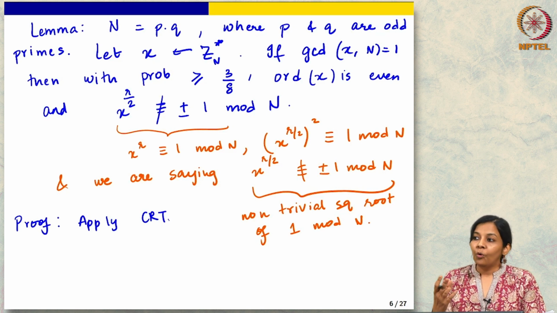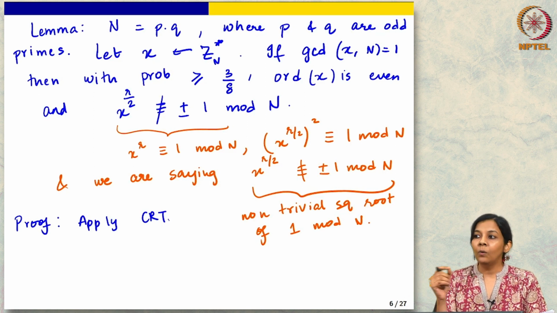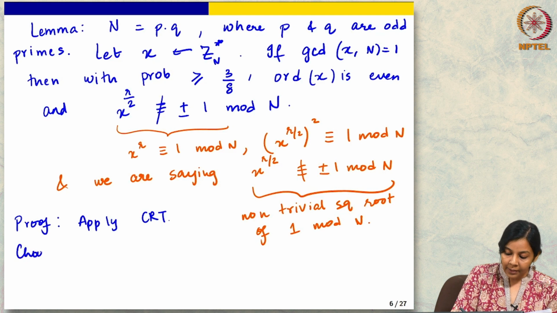We are going to think of these 2 elements as x1 and x2. So, we will sample x1 randomly from Zp star, x2 randomly from Zq star, and we will denote each of their orders by R1 and R2 respectively. Let me write all this down.